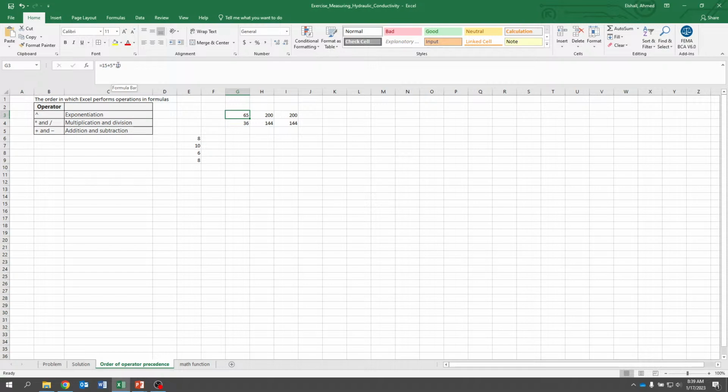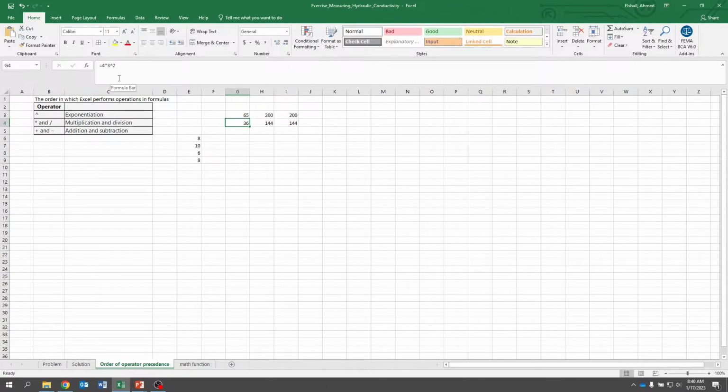If I want to do it the way it looks here, then I have to put brackets. So I have to come and open a bracket, 15 plus 5, so now it will sum these two, and then it will multiply by 10, and then I get 200.